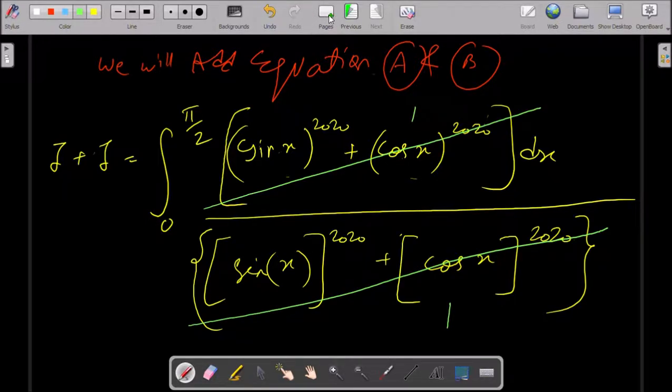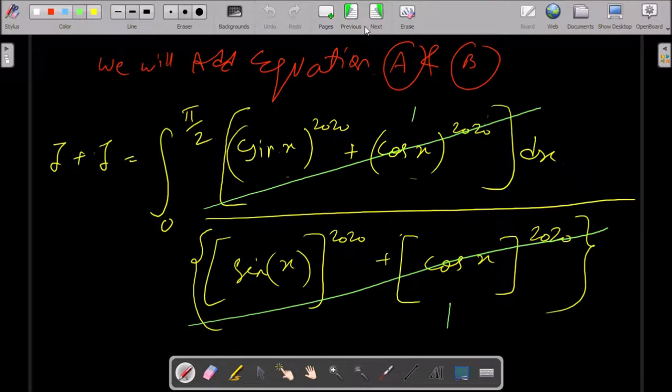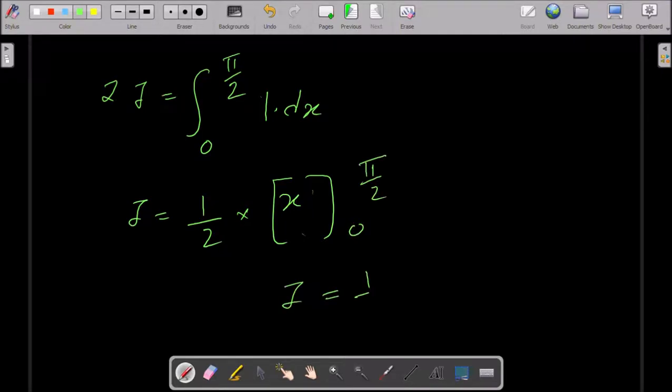Now I plus I, that is 2I, equals the integration from 0 to pi by 2 of 1 dx. So I will be half times the integration of 1, which is x only, from 0 to pi by 2. I equals half into pi by 2. So I will be pi by 4.